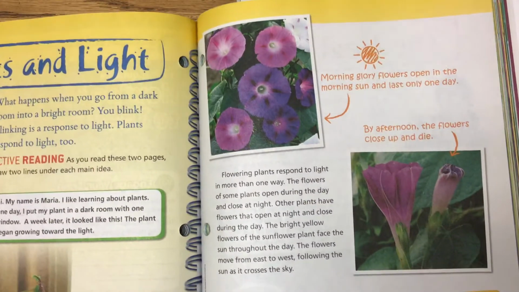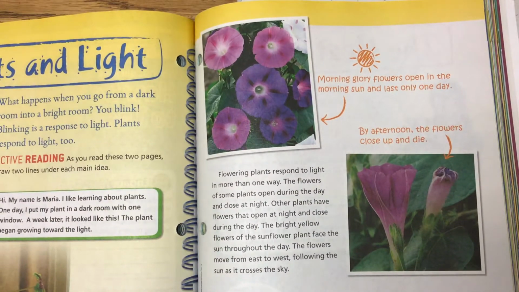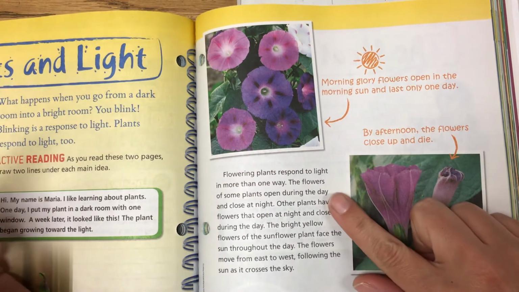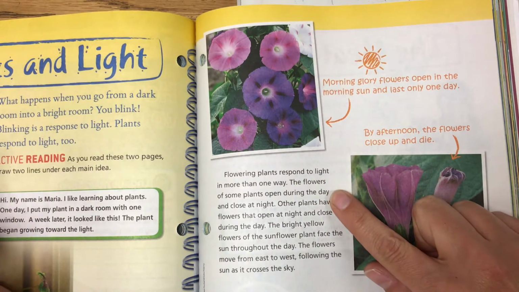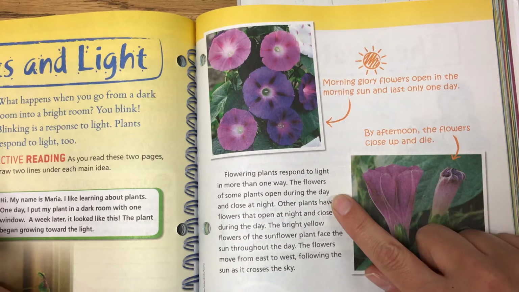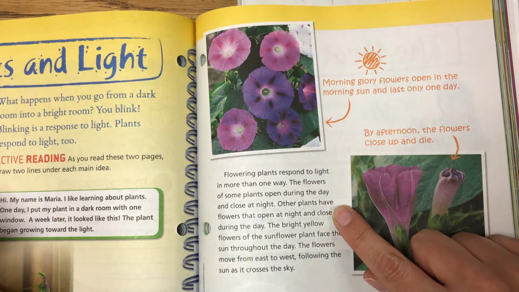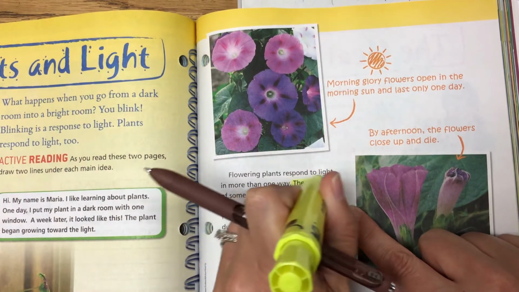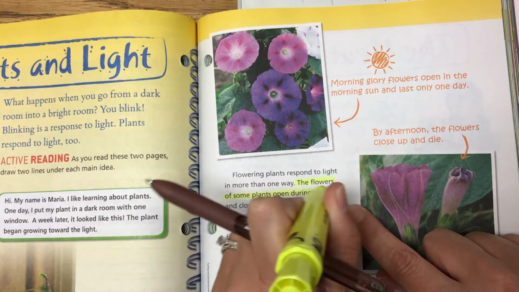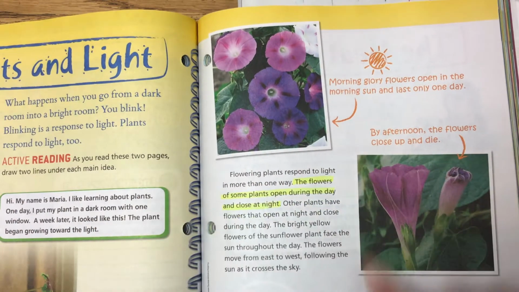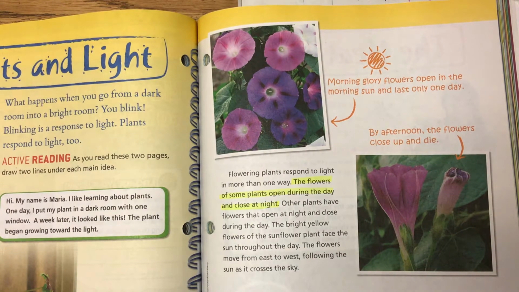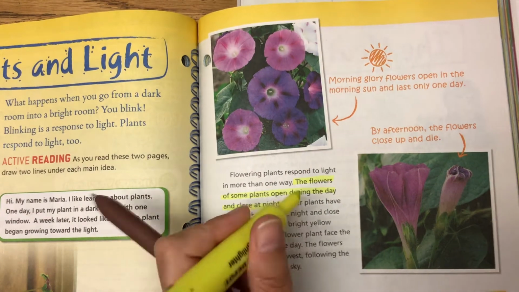Let's read about some other ways. Flowering plants respond to light in more than one way. The flowers of some plants open during the day and close at night. Let's highlight that. That's another way they respond to their environment. Other plants have flowers that open at night and close during the day.